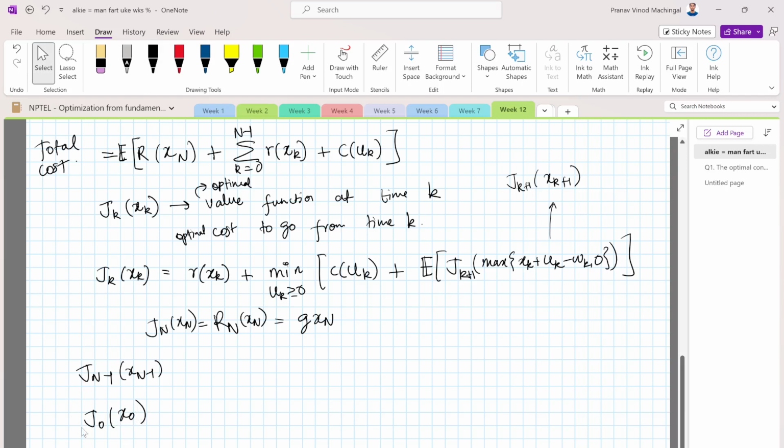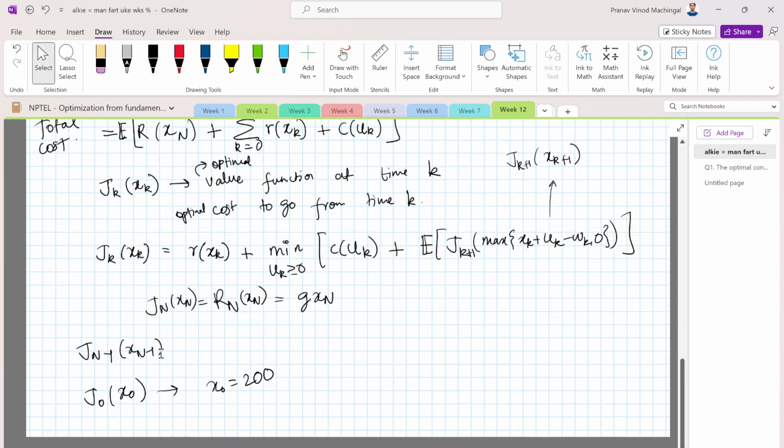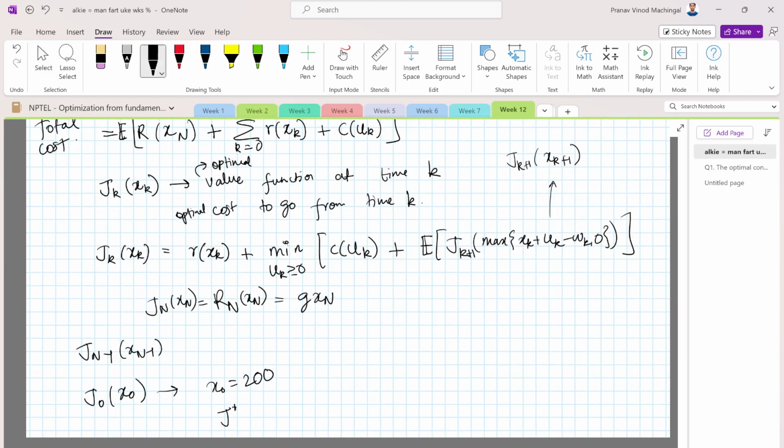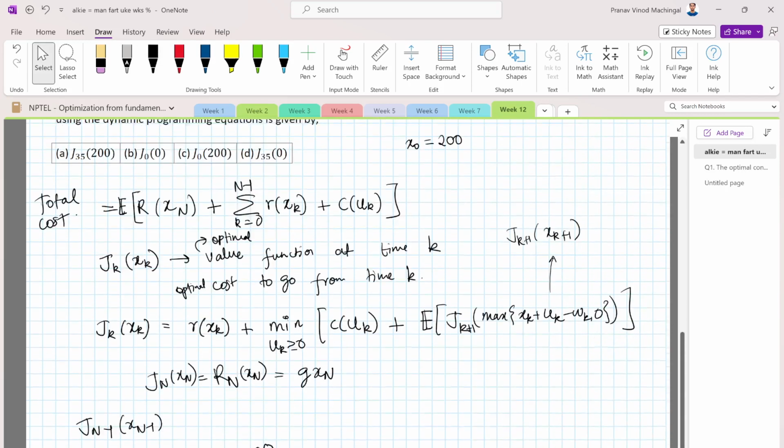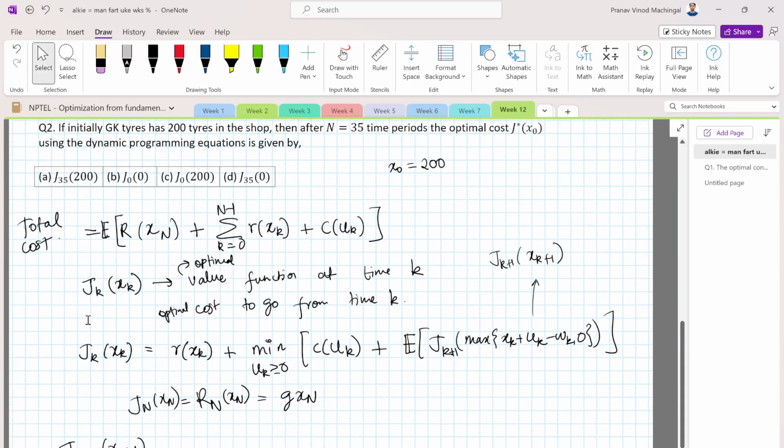You only need to find J0 of x0 for x0 equal to 200, which is given here. So your optimal cost from x0, which is J star of x0, will be equal to J0 of 200. That is your C option.